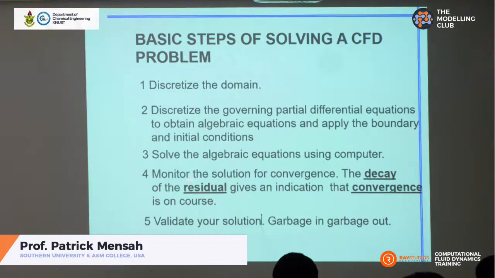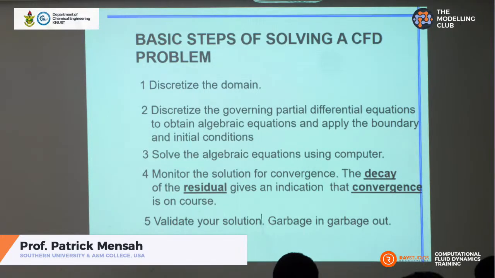Okay? Once we've done that, then we solve the algebraic equations using our computational resources. In doing that, we have to monitor the solution for convergence. Obviously, if the solution is showing that the residuals are not converging, then that means we have a problem.